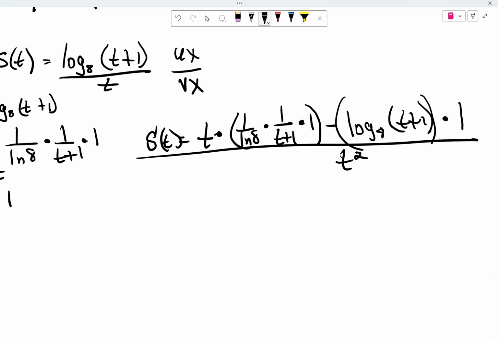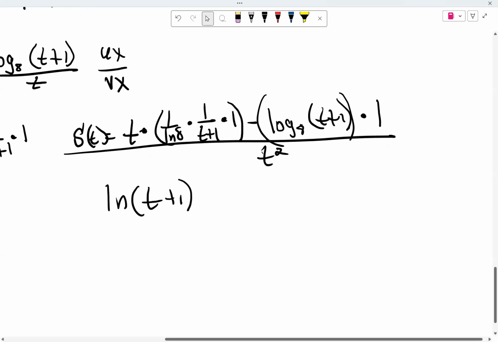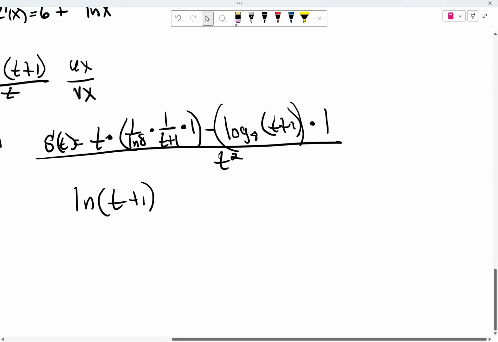So we can now multiply. If I take out natural log of t plus 1, and I multiply that top and bottom. Let me do it this way so we don't get confused.